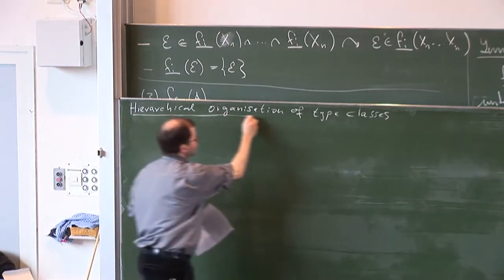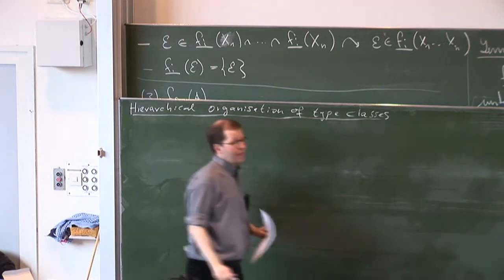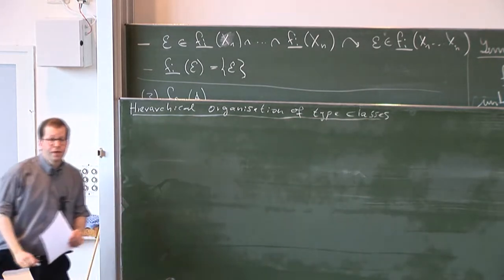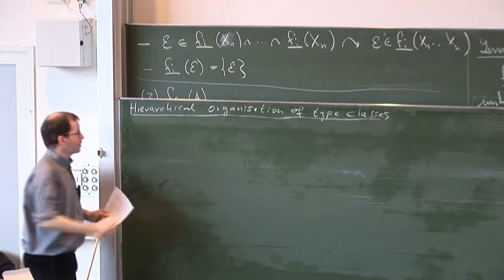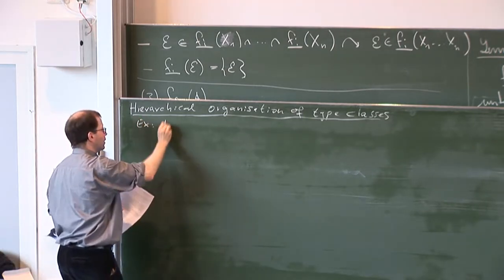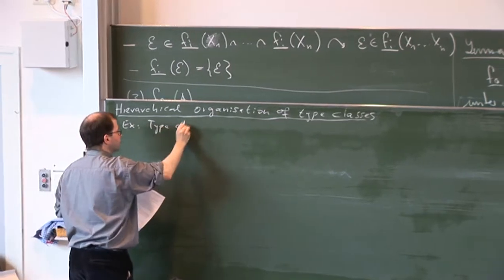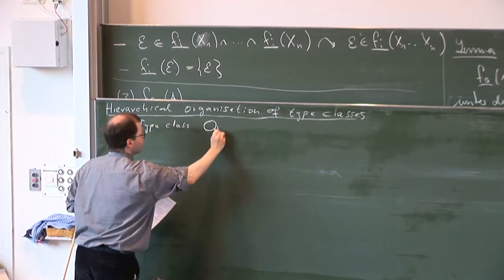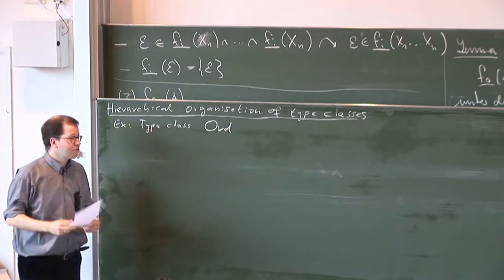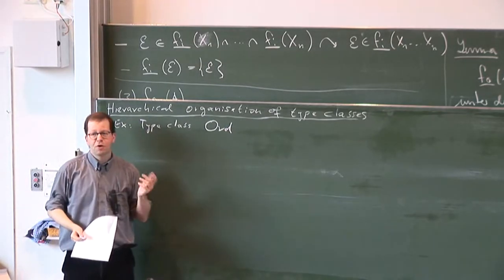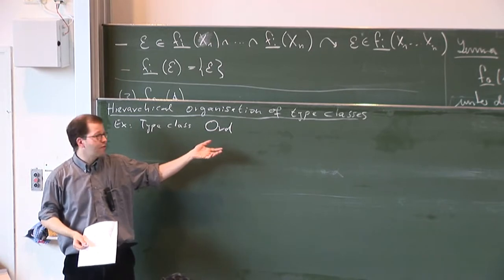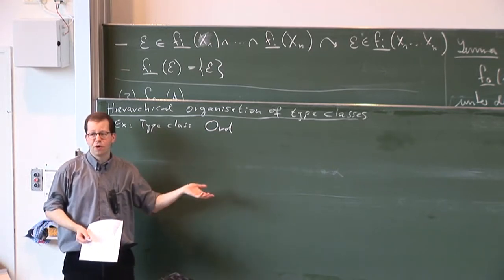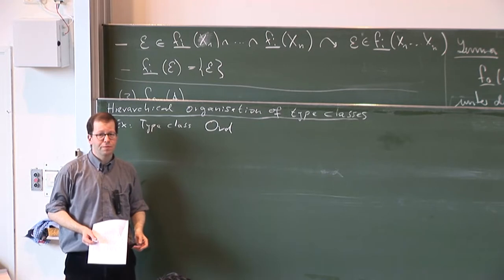So, for example, in Haskell, apart from the type classes Eq and Show, there are some other type classes. For example, there is a type class Ord. And in this type class Ord, we want to have those types where the elements can be ordered. So these should be the types where we have operators like greater or smaller or greater equal or smaller equal.